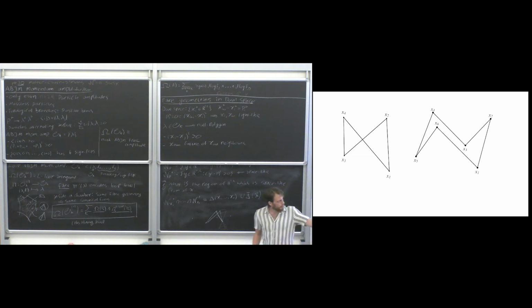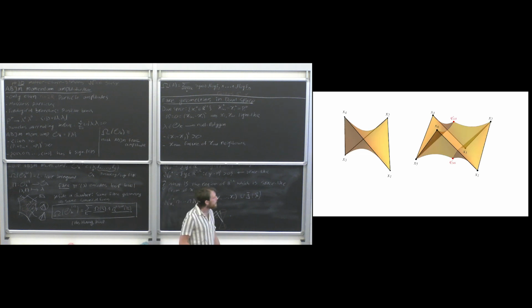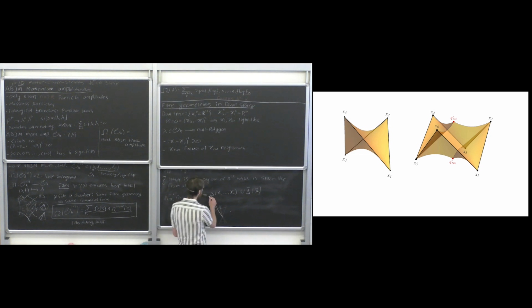So what does it look like for these null polygons? The delta will look something like this. So all the points in these orange regions will be space-like separated from all the x's. And these deltas, these are exactly the fiber geometries which we are after.